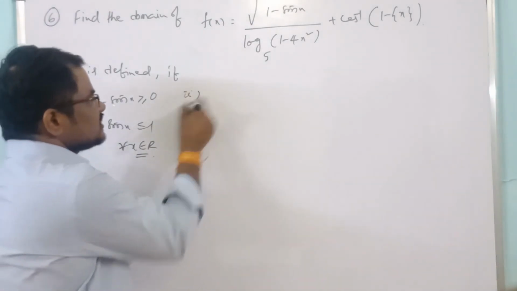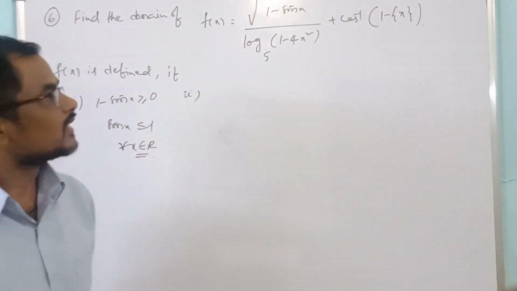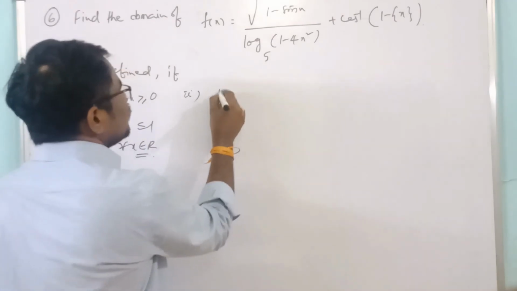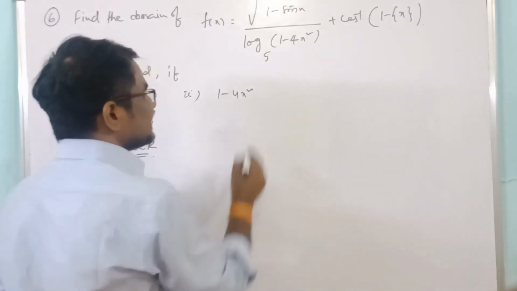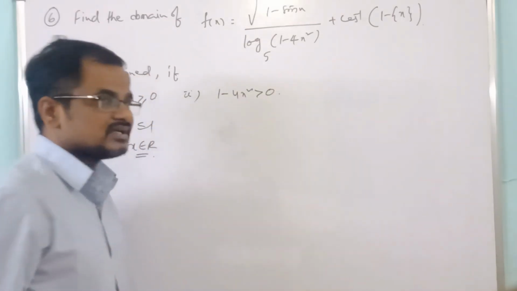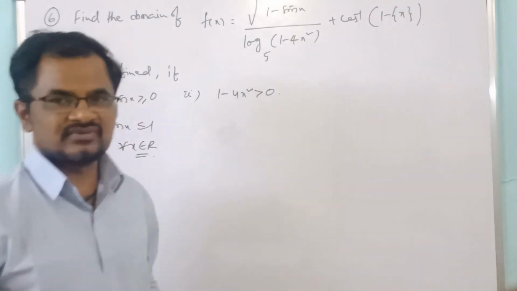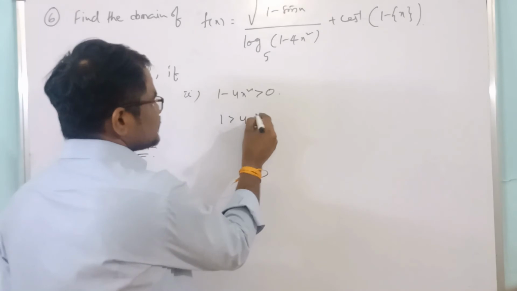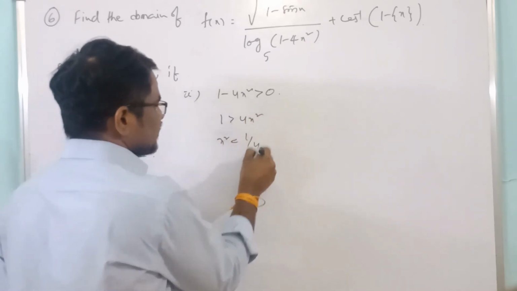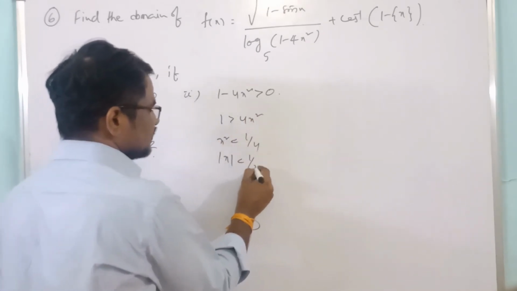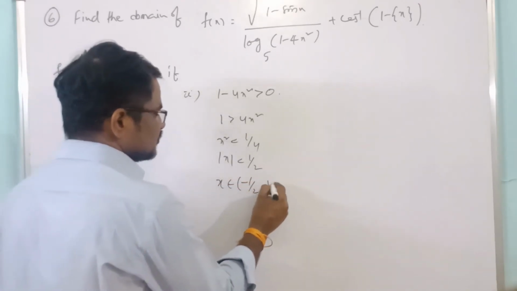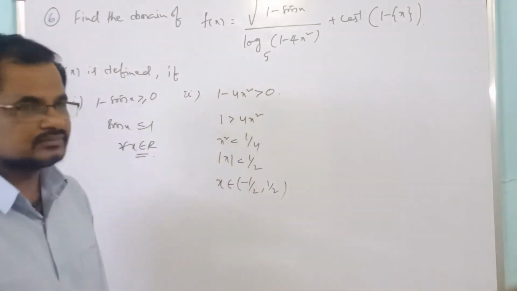And the second condition is what? Definitely 1 minus 4x square greater than 0, because log of f of x form is there. So nothing but 4x square less than 1, x square less than 1 by 4, mod x less than 1 by 2. Means x belongs to minus 1 by 2 to 1 by 2, right?